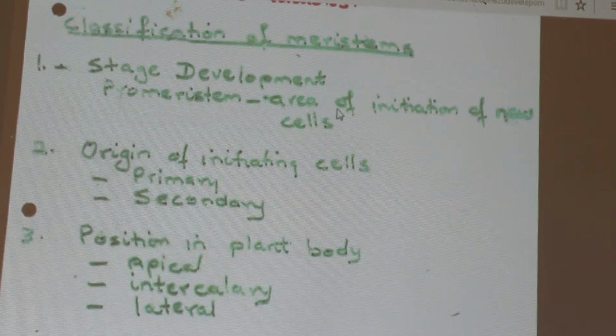Promeristems are areas of initiation of new cells, especially in embryos. However, in a growing plant, you can say this is a primary meristem or a secondary meristem, meaning that these are growth areas in a young plant, or these are growth areas in an old plant.